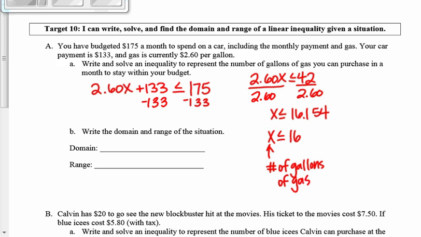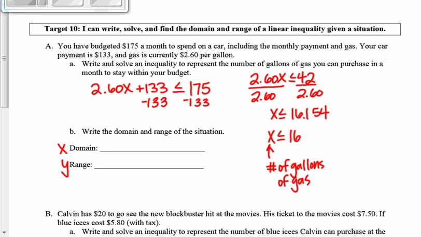So if we go over to domain and range, we have x and y. It says that we have to stay under 16 or equal to 16 for the domain, for the x, for the number of gallons of gas. So what we need to think about is what would be the least number of gallons of gas.